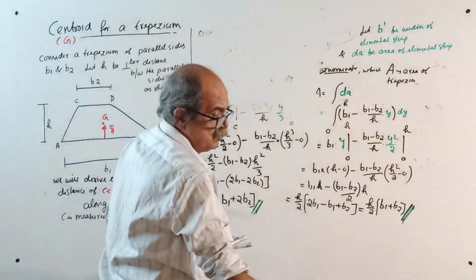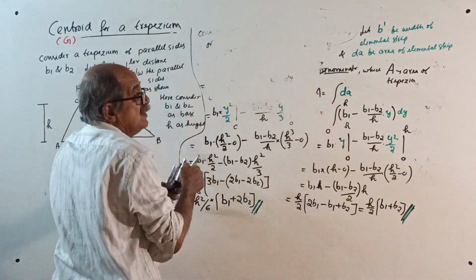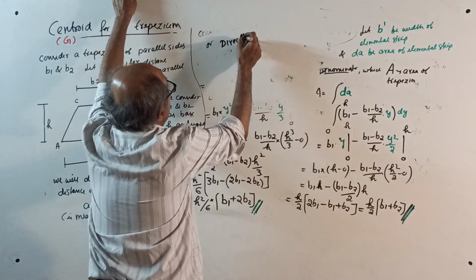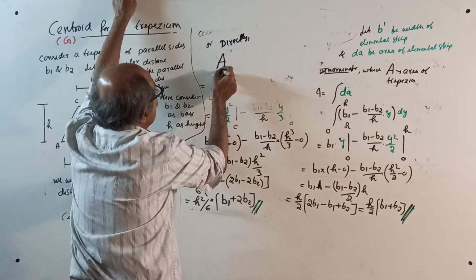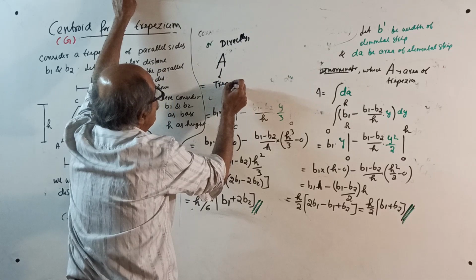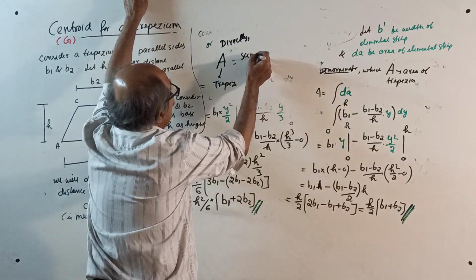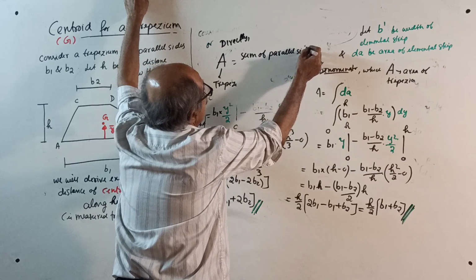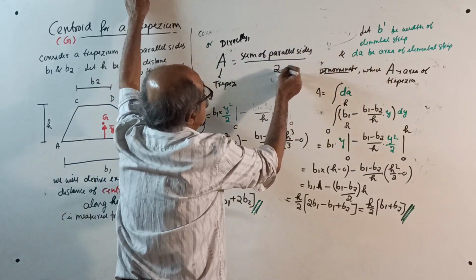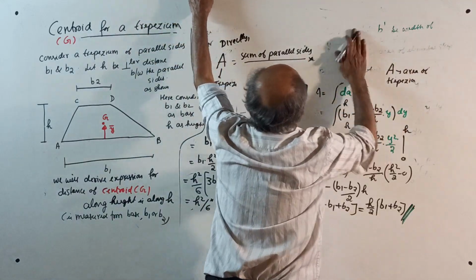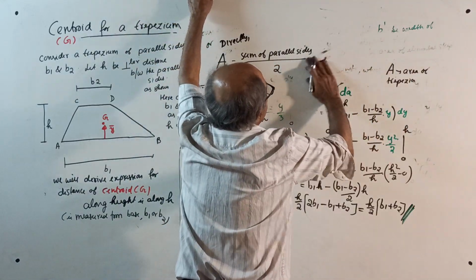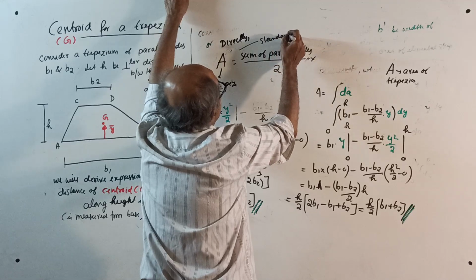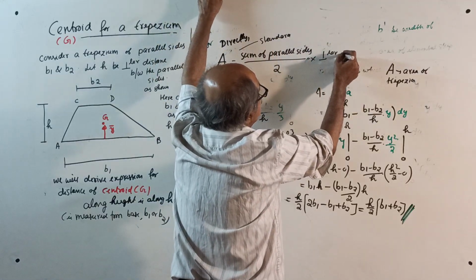Or as per the standard expression, directly, the area of a trapezium is the sum of the parallel sides divided by 2, multiplied by the perpendicular distance between the parallel sides. This is a standard formula.